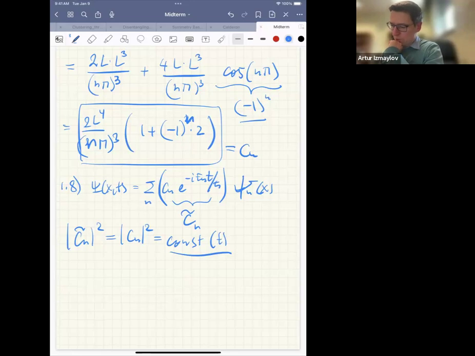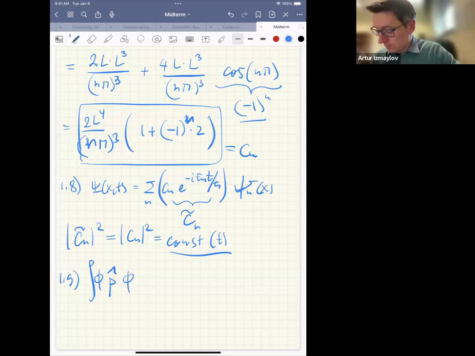Okay, so most of the people, I think, answered that correctly. What is the average momentum and energy of the particle in phi of x? Right, so that's 1.9. The momentum is just an integral of phi of x with the momentum operator, again between 0 and L. And that is 0 because the average momentum of any real function is 0.